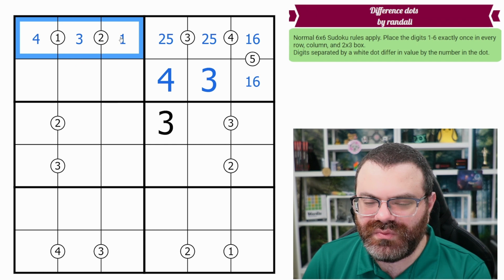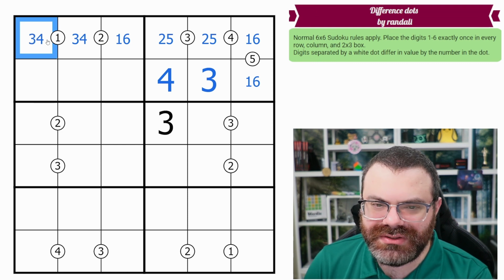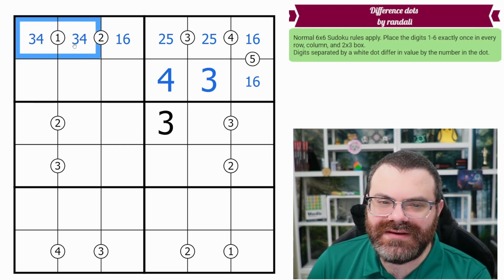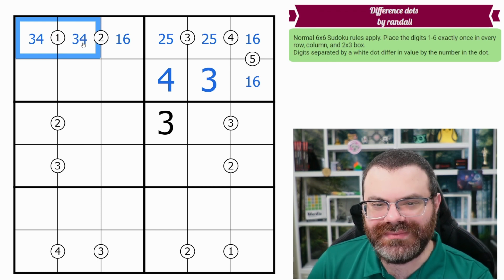So it'd be 4, 3, 1. If the 4 was here, then to the right, we'd have to be another even number. So we'd have to be the 6. And then to the left, we'd have to be the 3 because the 3 needs to be used. So I guess if the 4 is on this 1 difference, we end up with a 3 on it. That makes sense because we couldn't end up with a 5 on it.